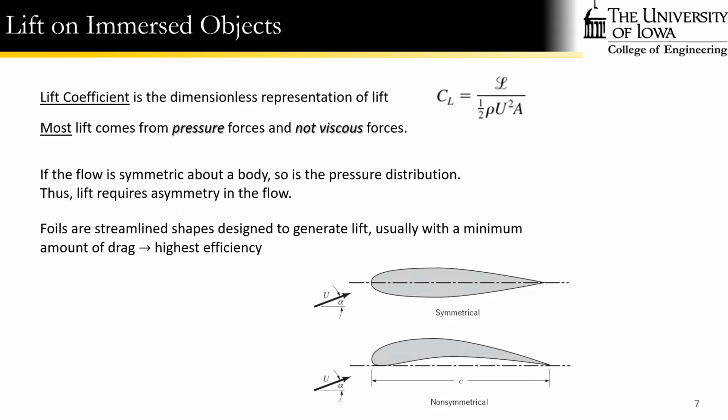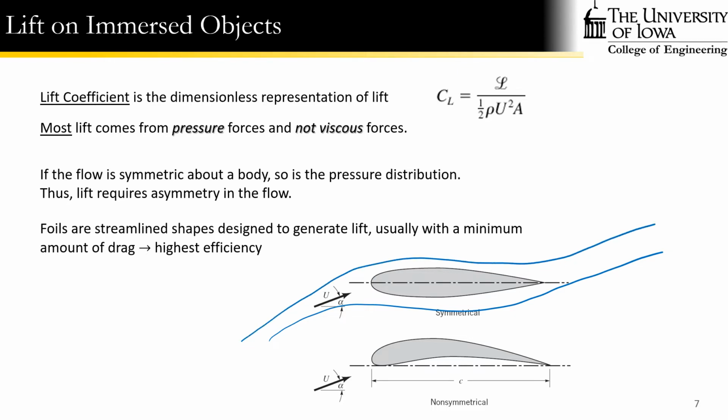And the idea is that a symmetric section like this, if it's oriented straight on into the flow, then the flow around it is going to be symmetric and no lift will be developed. If instead it was angled with respect to the flow, which is shown here by the flow coming in from this angle of attack, then you're going to have some asymmetry and you'll develop a resultant force.